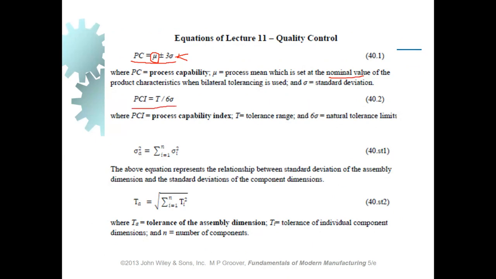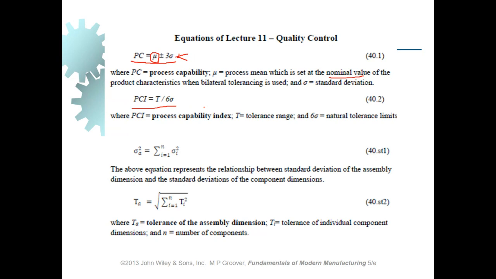There is another equation down here for computation of process capability index. Process capability index is telling us where we are sitting in the production process, and out of 1 million parts that we are producing, how many parts will be considered as scrapped on the basis of this index.